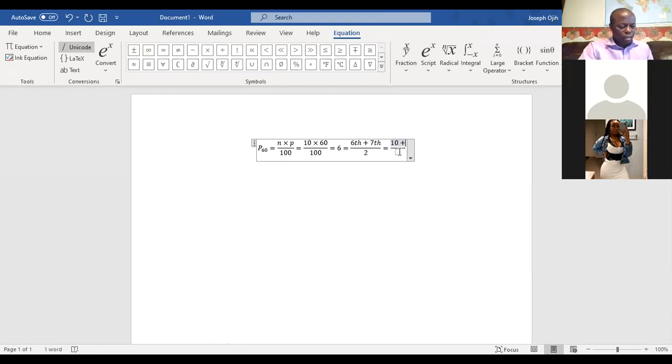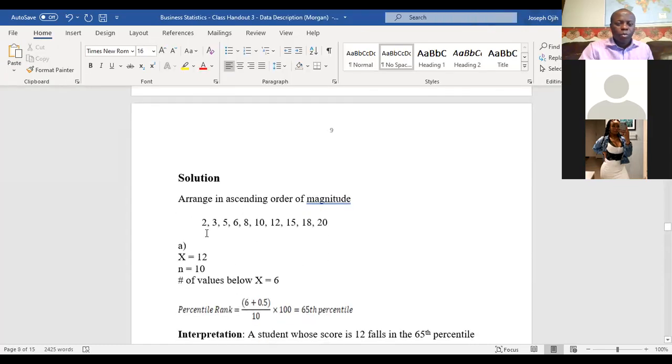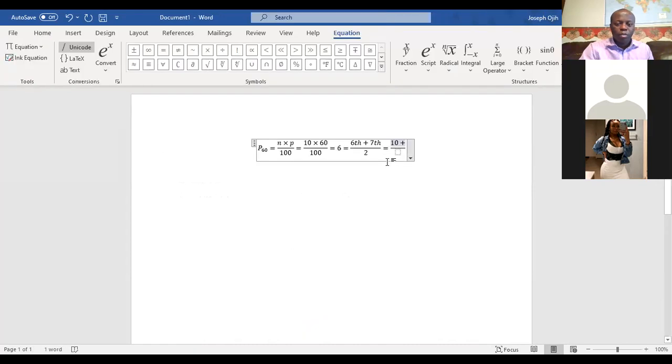Let me write it down: 6th number plus 7th number, 10 plus 12, divided by 2. Yeah, 10 plus 12 is 22. I can answer that one off the top of my head. So 22 divided by 2 is 11.